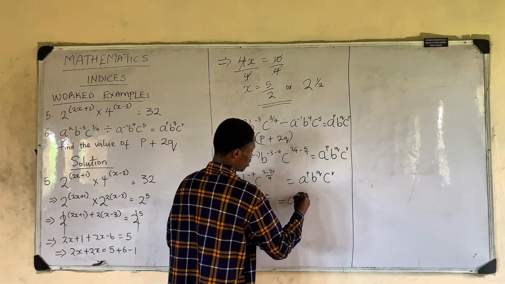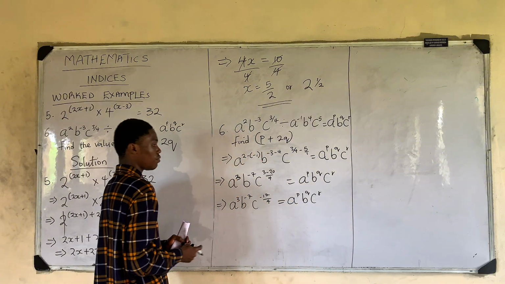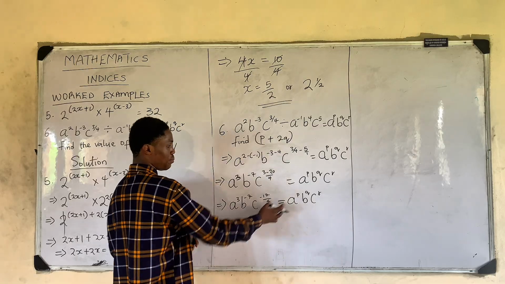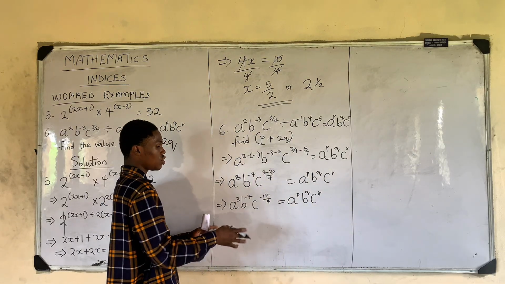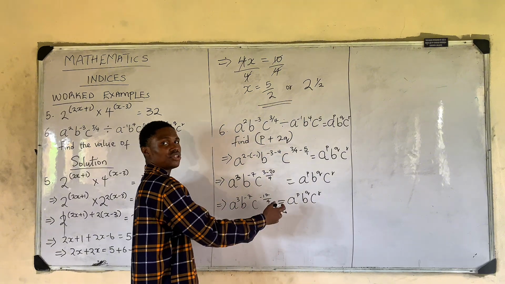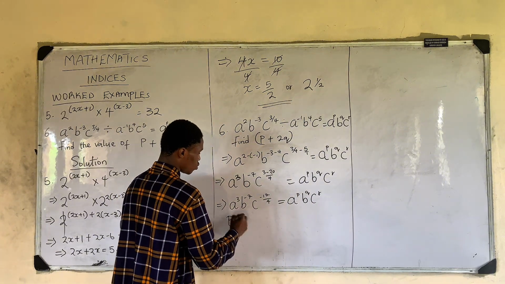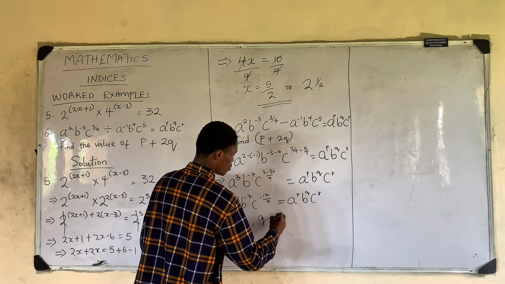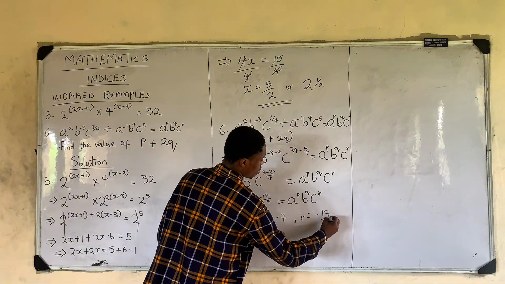Now, at this juncture, we can determine what our P is, Q, and what? R. So from here, P is equal to what? 3, right? Q equals -7 and R equals -17 over 4.